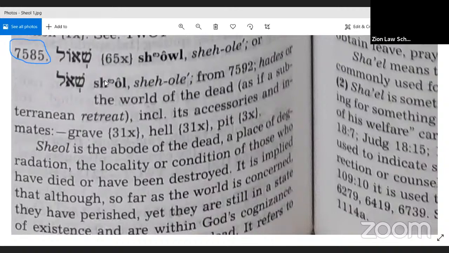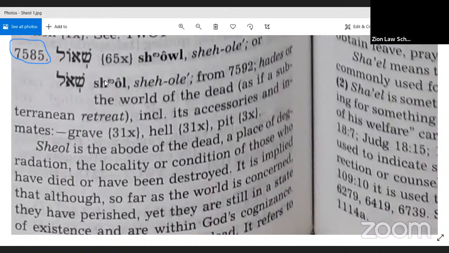Notice it says from 7592. There's a relationship between the words, okay? And part of understanding our language is understanding the relationship between words, the etymology and the relationship between each word.